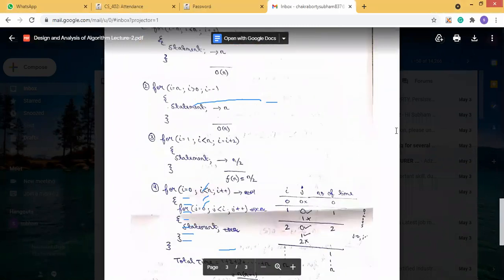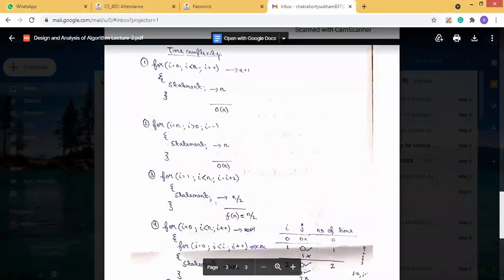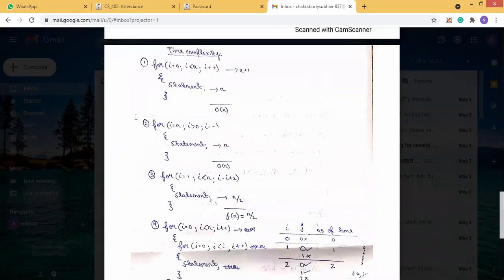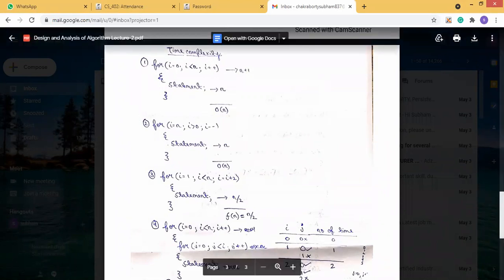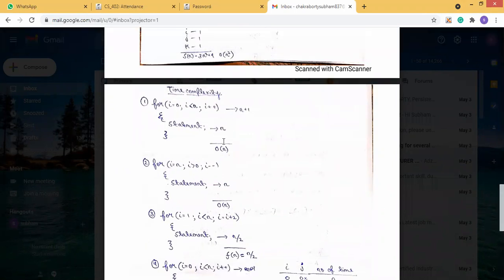Now you can see, you already know that for time complexity, for the execution of a loop where i equals 0, i less than n, i plus plus, the loop will be executed n plus 1 times, and inside this loop the statements will be executed n times. When we calculate the time function and space function, we consider the order of n.